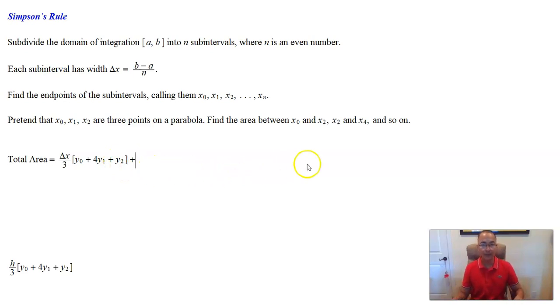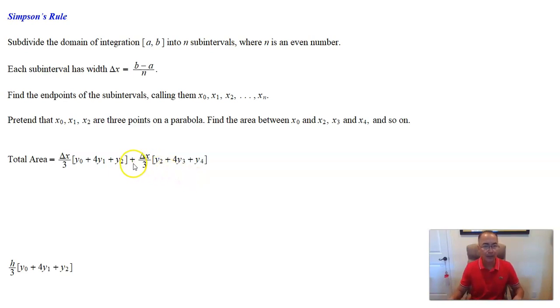Repeat with the next triple of points, which will be from x2, x3, and x4. So we will repeat this. The area of the next parabola is delta x over 3, but we have y2, 4y3, and y4.